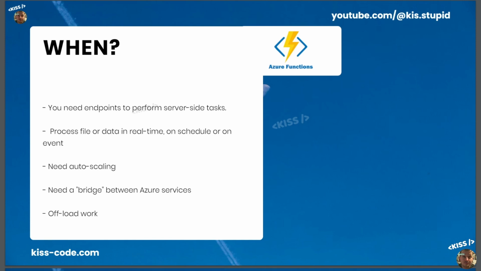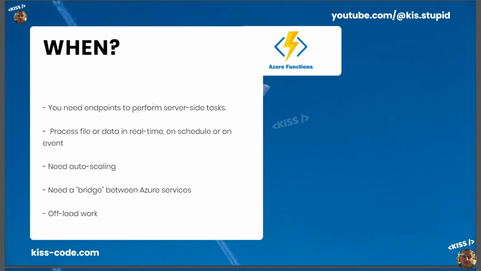But suddenly you need to just do a few server-side tasks. It could be storing something in a database or a blob store, or even sending out an email. Then you might consider just spinning up an Azure Functions application.